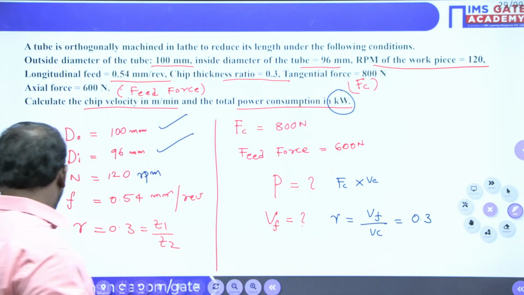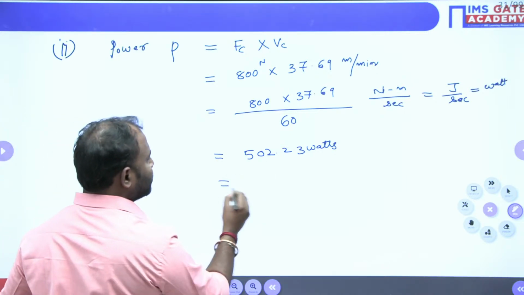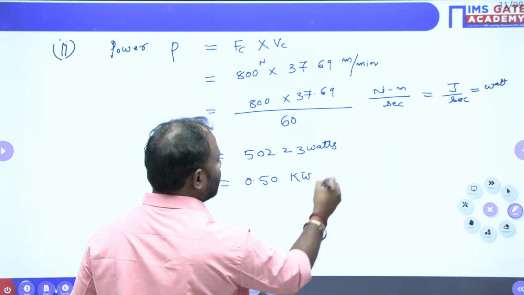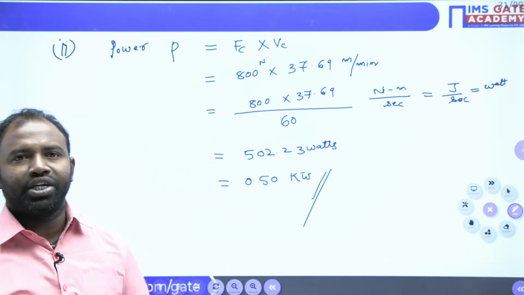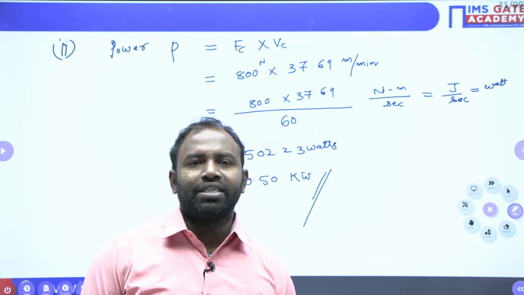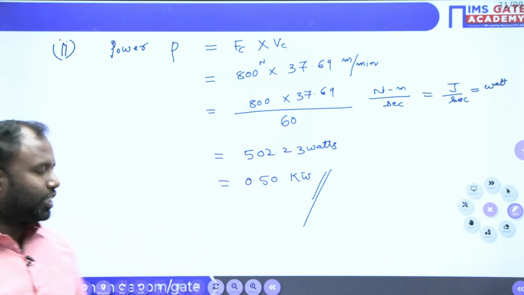That is why we divide that by 1000. So if I divide by 1000, 0.50 kilowatts you are going to get as your power for this cutting operation. Clear everybody guys? Okay, hope you understand the solution. Now let us go for the next question.